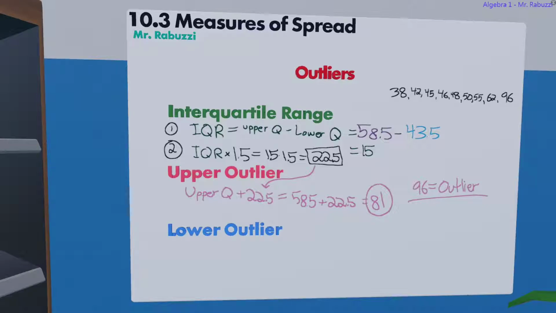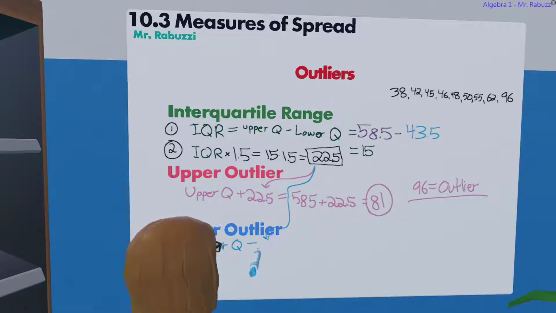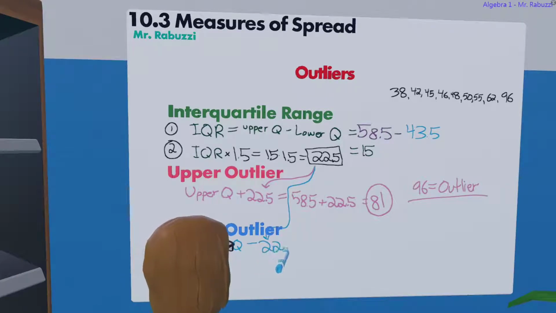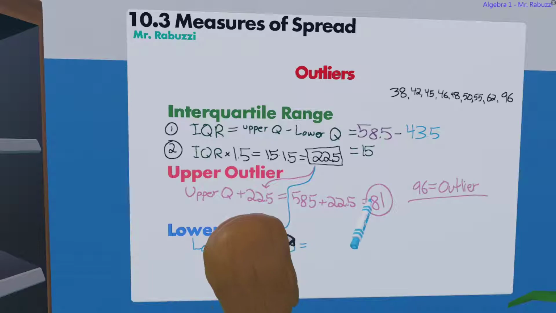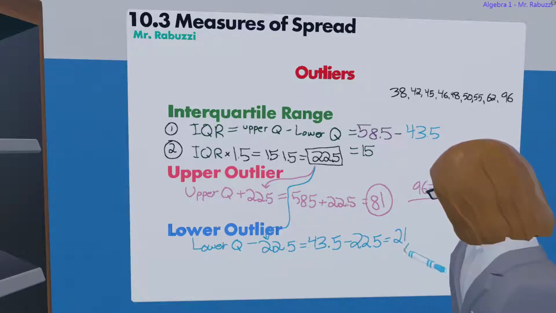Then we do a very similar thing for a lower outlier. We take the lower quartile number minus that same number, 22.5. The lower quartile number was 43.5 minus 22.5 equals 21.